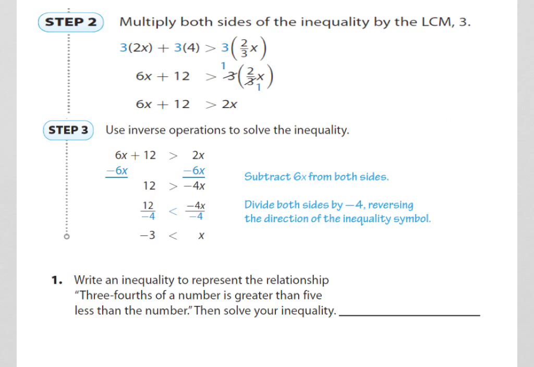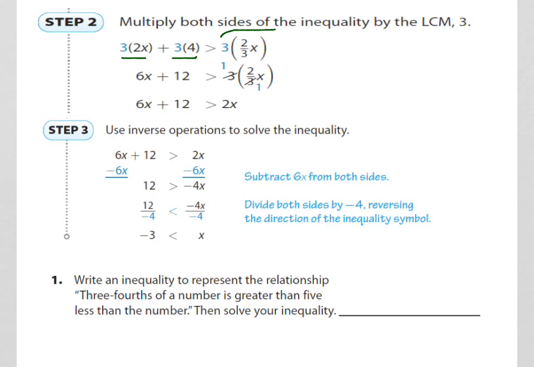Well, second step. How will we go about solving it since we've written it? Since we have 3 as a denominator, we simply will just multiply each one of the terms by 3. So that'll be 3 times 2x, 3 times the constant 4, and 3 times 2/3 x.